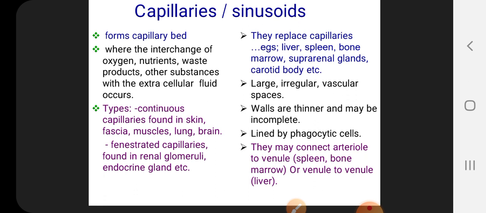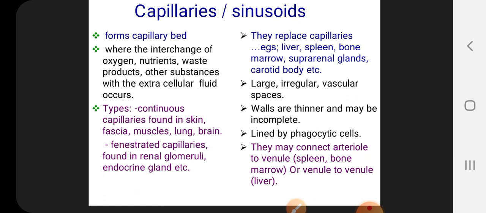Continuous capillaries are found in the skin, fascia, muscles, lungs and brain. The other type is fenestrated capillaries, which have minute openings. They are found in the renal glomeruli and in some endocrine glands, etc.